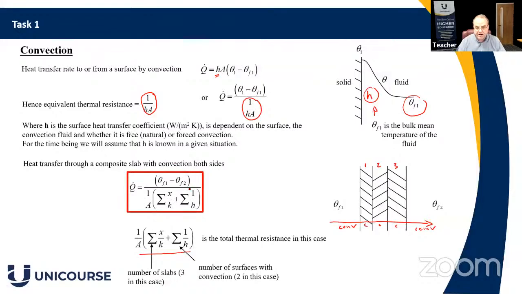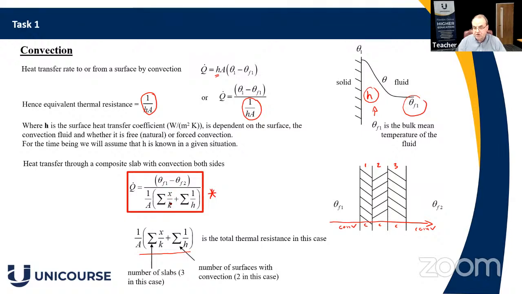Before we do that, let's just go back onto this one. The equation you need to apply to solve task 1 would be this expression here, where theta F1 is the temperature of the fluid inside the room, theta F2 is the temperature outside the room, and then you've got X for the bricks, so there'll be 2 components for the solids.